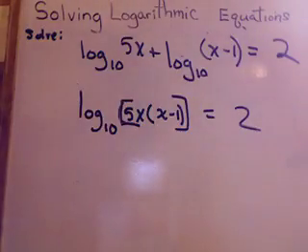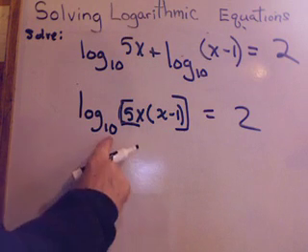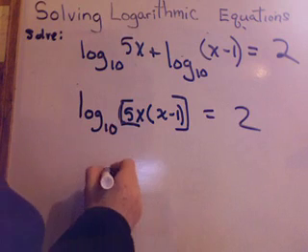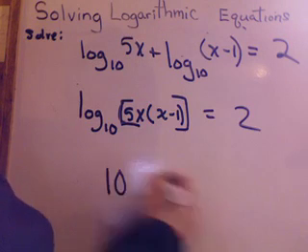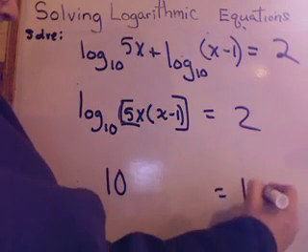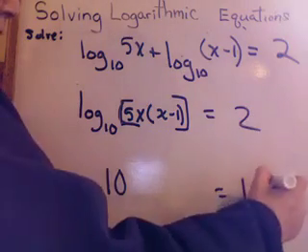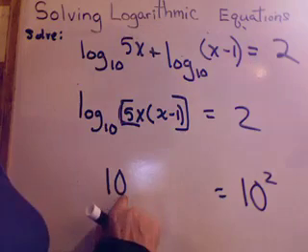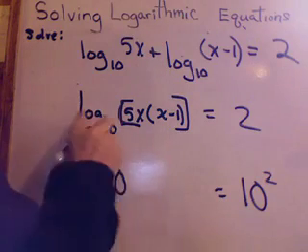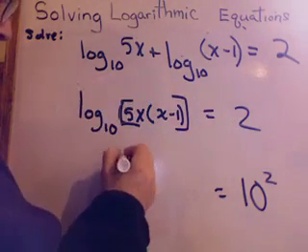Now at this point, what do I want to do? Exponentiate to the 10. So this side is going to have a base 10. I'm going to put 10 squared over here because of that 2. What am I going to put over here? This whole amount here.